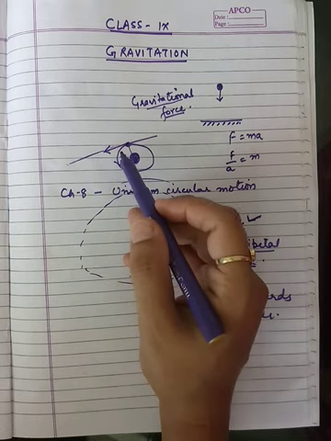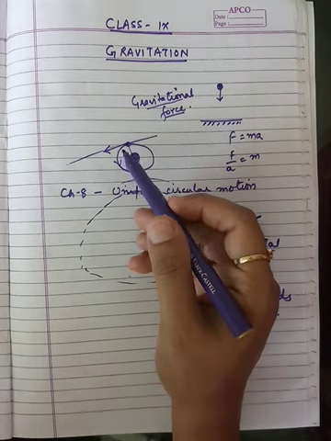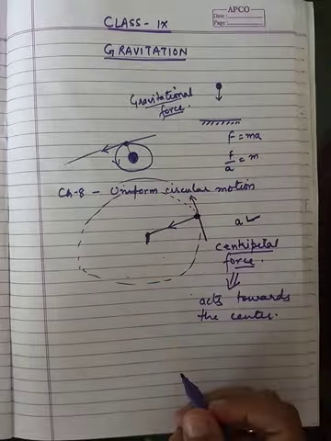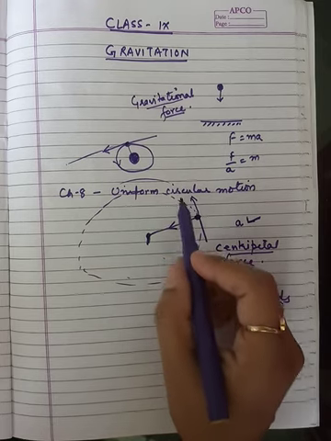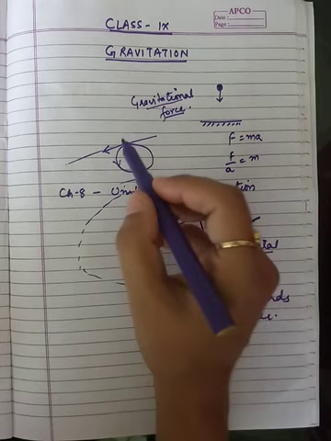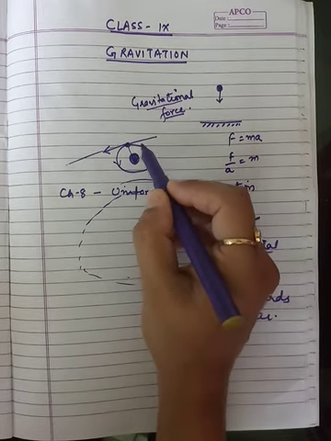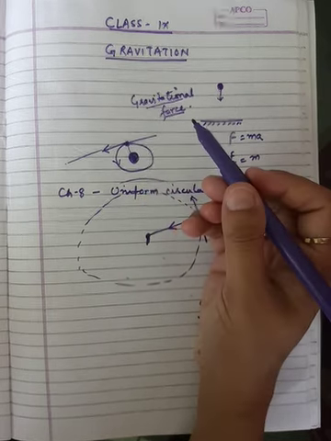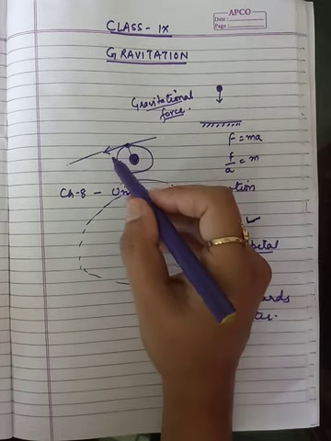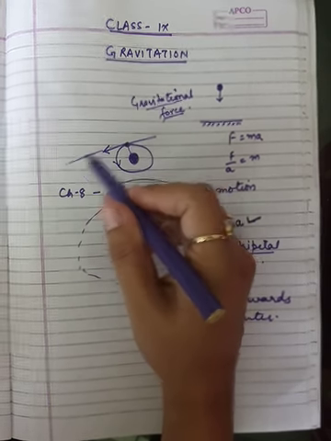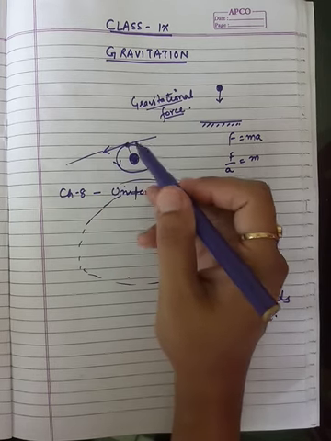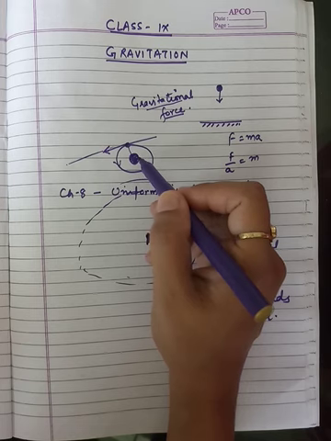So the point given was that at each point of its orbit, in a circular path or an elliptical path, the moon tries to fall towards the earth instead of going on a straight line, because it is attracted by the earth at every time.